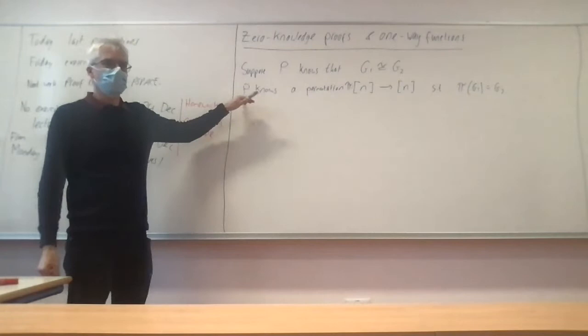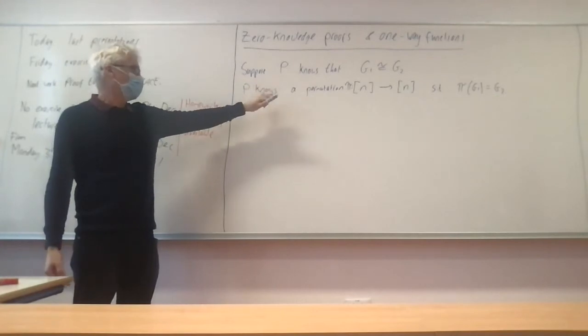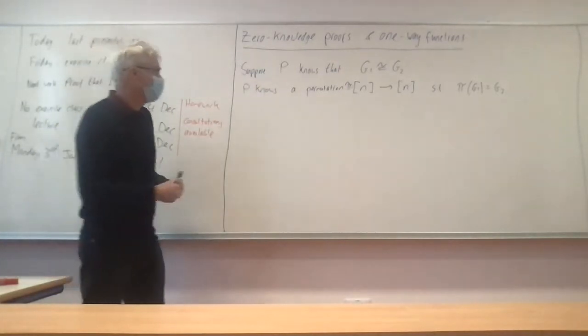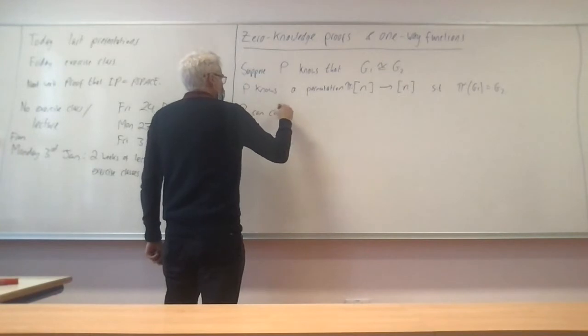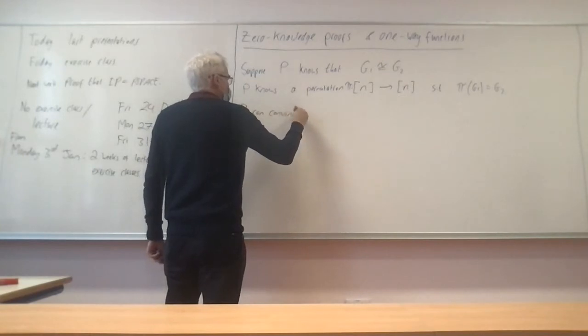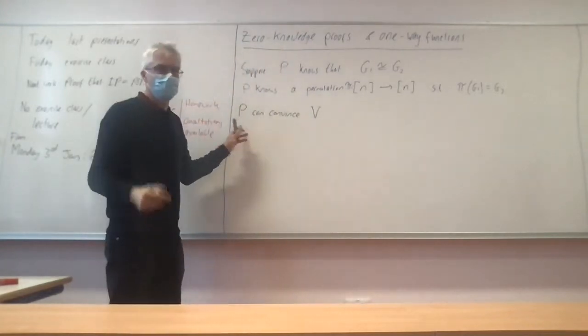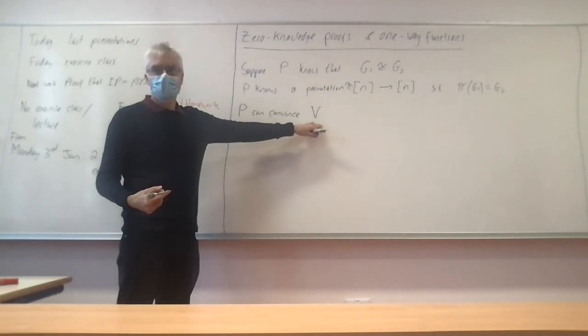What does P need to do to convince a verifier V that P really does know an isomorphism between G1 and G2? Remember our notation: P is the prover who knows the fact, and V is the verifier who wants to verify that it's true.